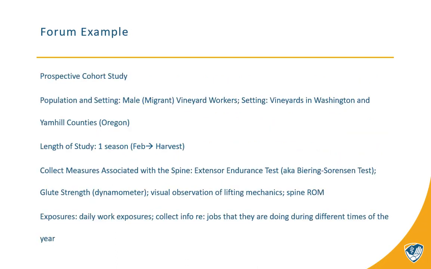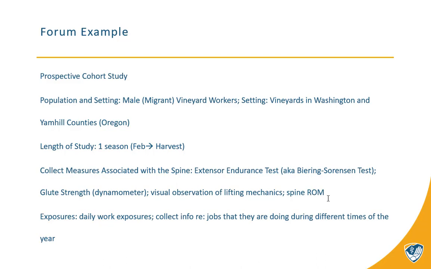Here's the form example, prospective cohort study. I might do population and setting male migrant farm workers, and the setting is vineyards in Washington and Yamhill counties. The length of the study would be 1 season. I collect measures associated with the spine. So if back pain is my concern, what I want to look at, maybe different tests for spine strength, maybe doing a handheld dynamometer to look at glute strength, and then maybe a visual observation of lifting mechanics or some sort of tool, if there's any such tool out there that's an objective measure of how somebody lifts.